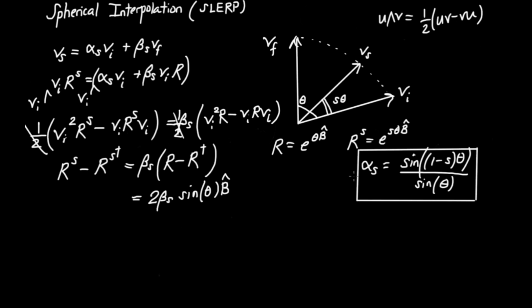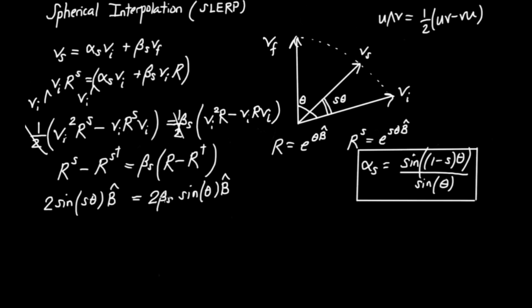That's e to the s theta b hat, subtract away its conjugate, or its dagger. So again, that's very similar to what we've worked with before. Instead of the argument in sine being theta, it's actually s times theta. So the left-hand side is simply 2 times sine of s theta times b hat.